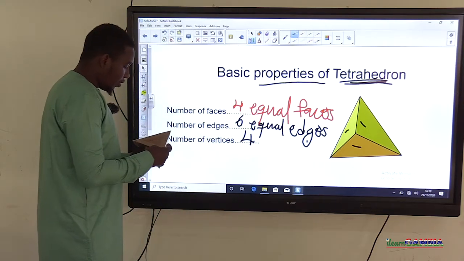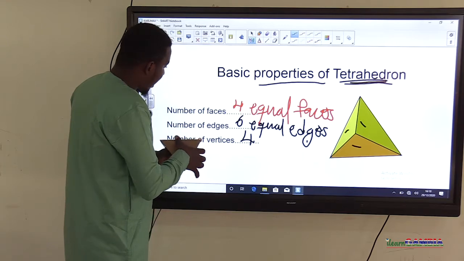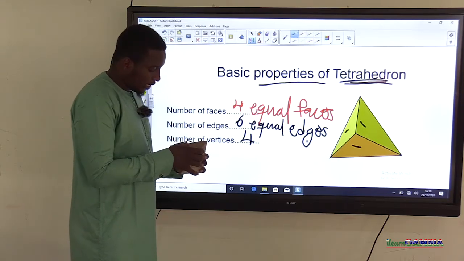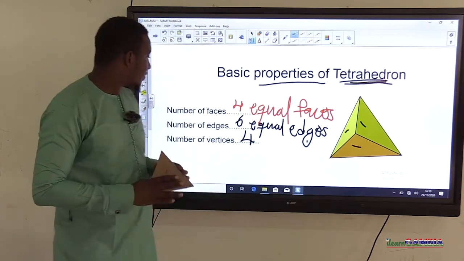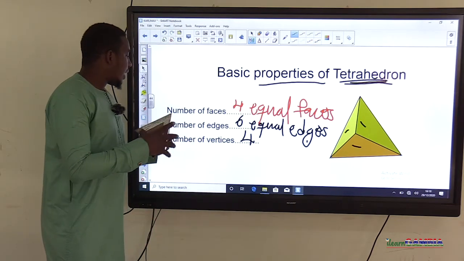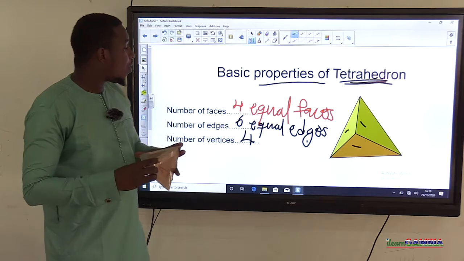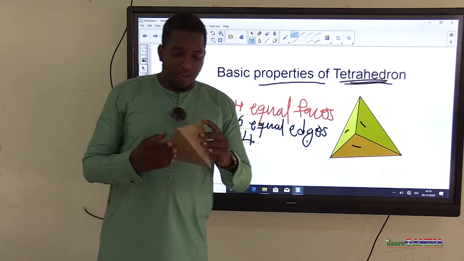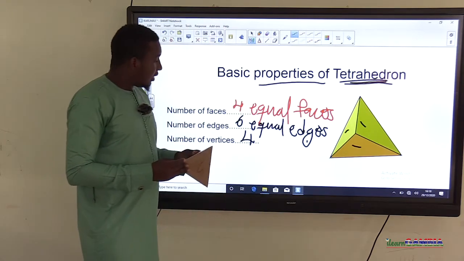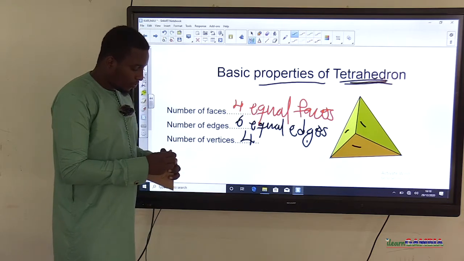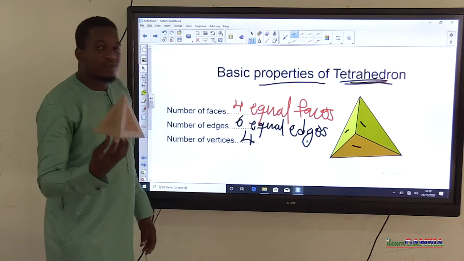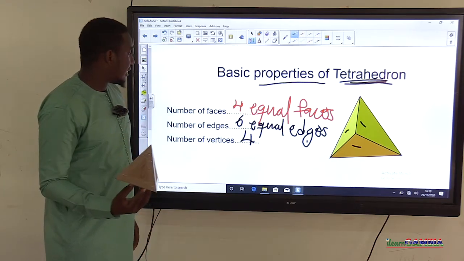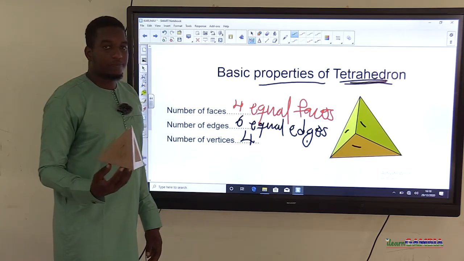Again, if you come to the number of edges, you should have 6 equal edges, and also they should have 4 vertices. These are the basic properties that you should look for whenever you want to classify an object that you find in the environment as a tetrahedron.